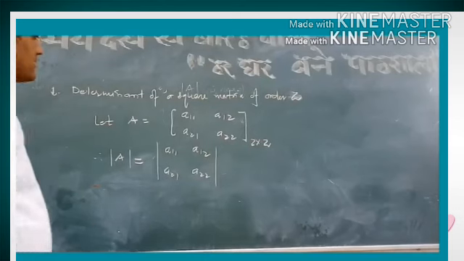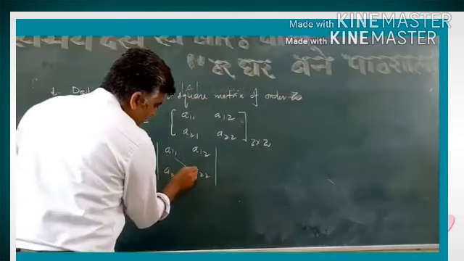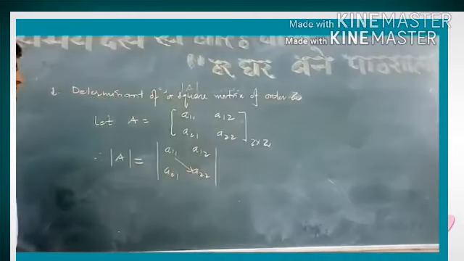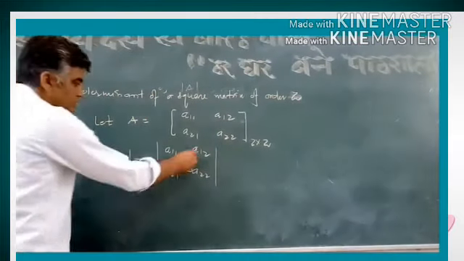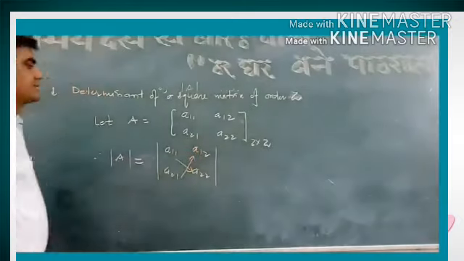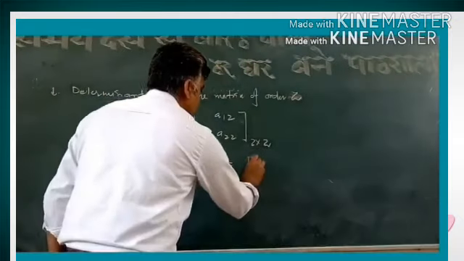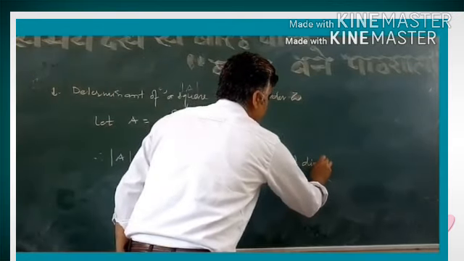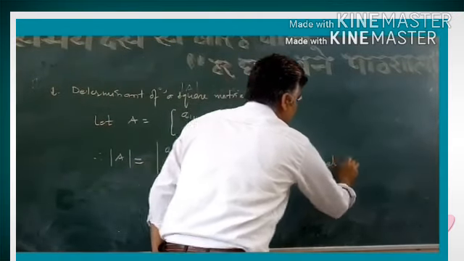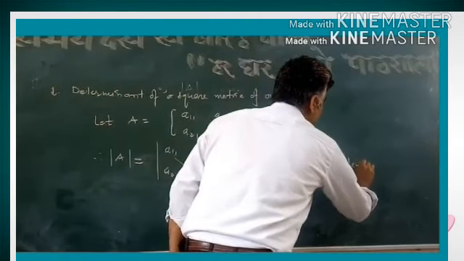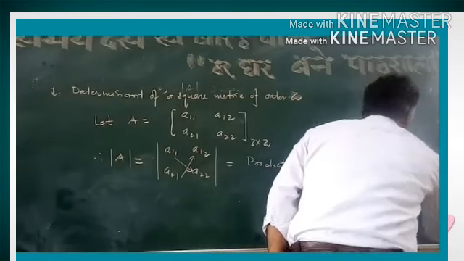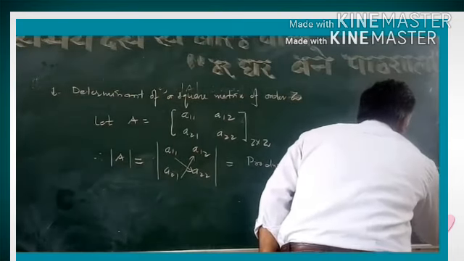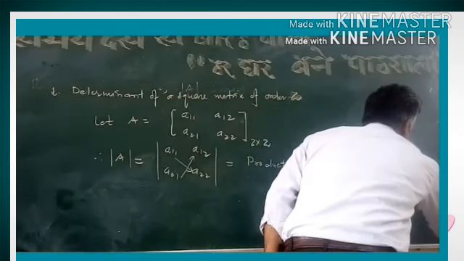In this case, we take the product of diagonal elements minus the product of non-diagonal elements.